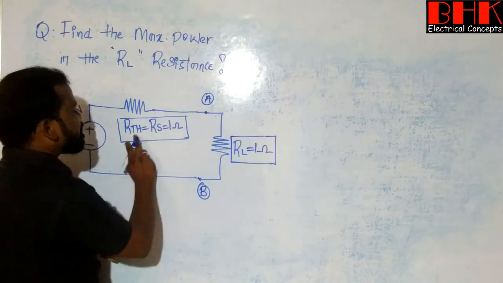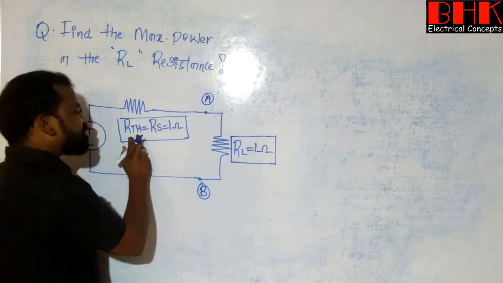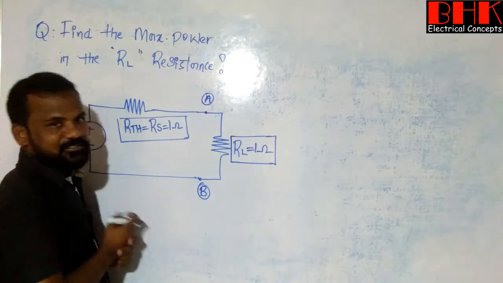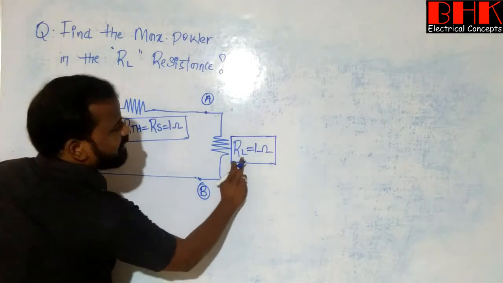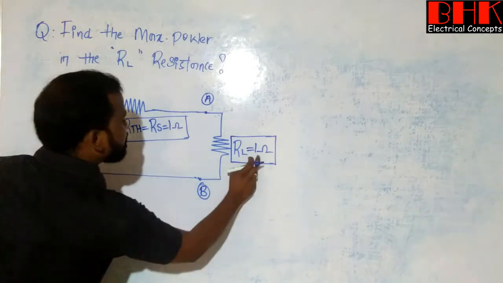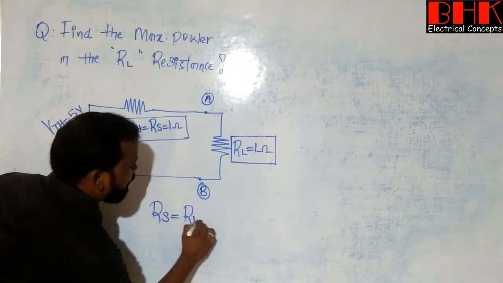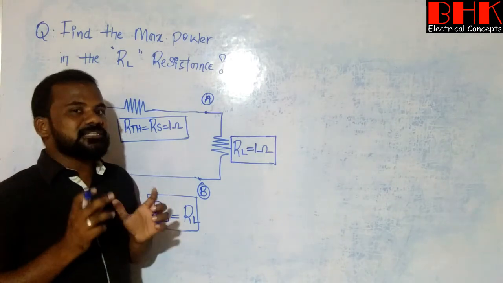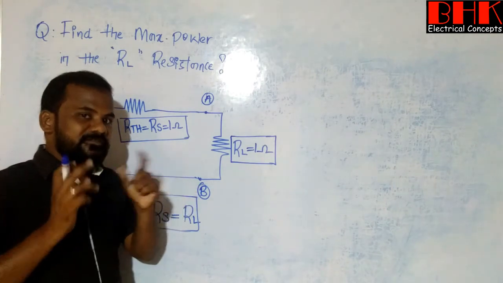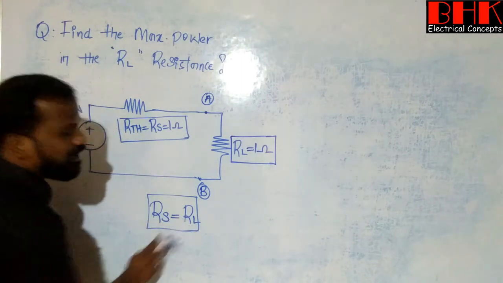So by calculation of RTH, I am going to consider this RTH value as RS. So RS is equal to 1 ohm and here RL is equal to 1 ohm. How is it possible? By using the condition of the maximum power transfer theorem. That is, in order to transfer maximum power from source to load, we need to satisfy this condition. So that's why RS is equal to RL.